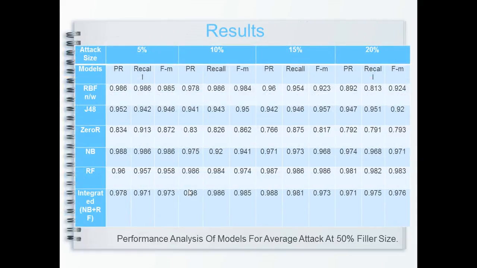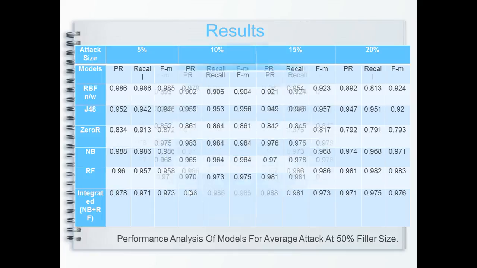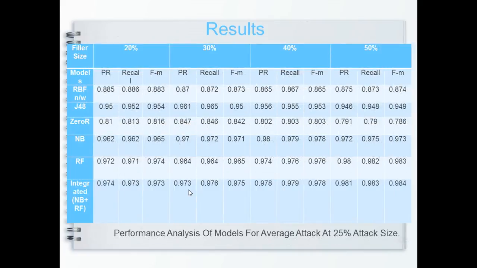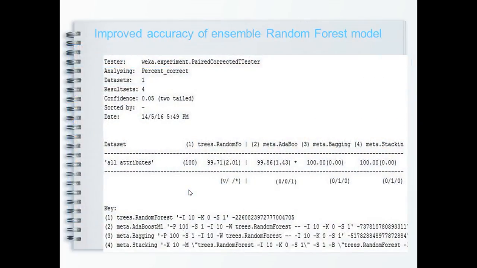These are the results of the performance analysis of models for average attack at 50% filler size. Similarly, this is for bandwagon attack at 25% attack size. This is the same in the case of average attack. And this is what we got: we improved the accuracy of the ensembled random forest model.